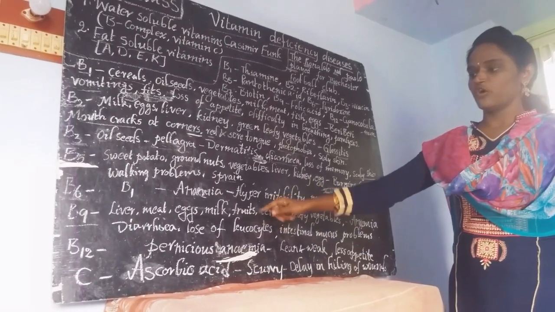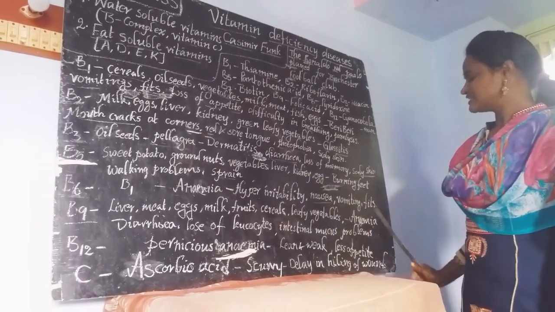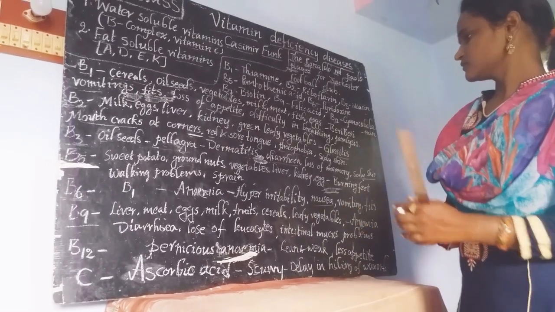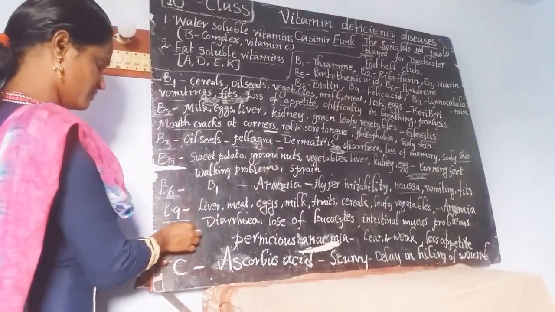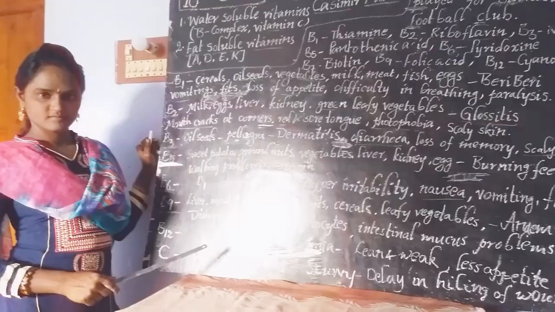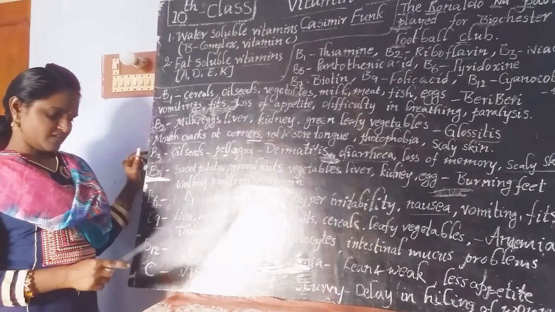By the deficiency of this vitamin, people may get a disease called anemia. As with vitamin B6 anemia, in the same manner for B9 also people may get anemia. Then what are the symptoms of vitamin B9?